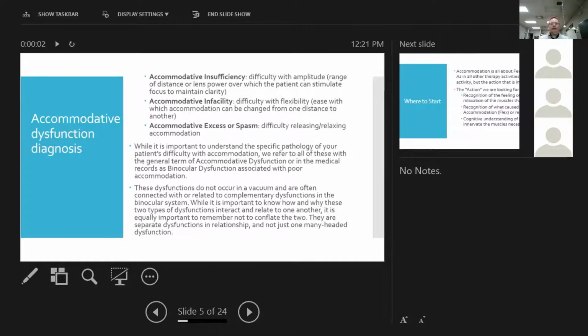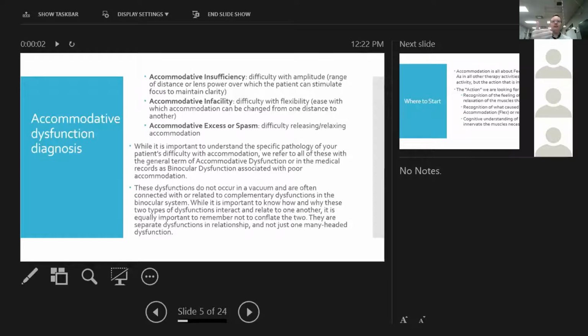So when we're looking at that, how much can they accommodate? Of course, it depends on how big the font is, how far the font is, but that accommodation range and how far it is from their eyes. Your doctor will make a decision based on the age of the patient and what they were using, how much amplitude they feel that patient should be able to have. Then plus, how far can they relax?